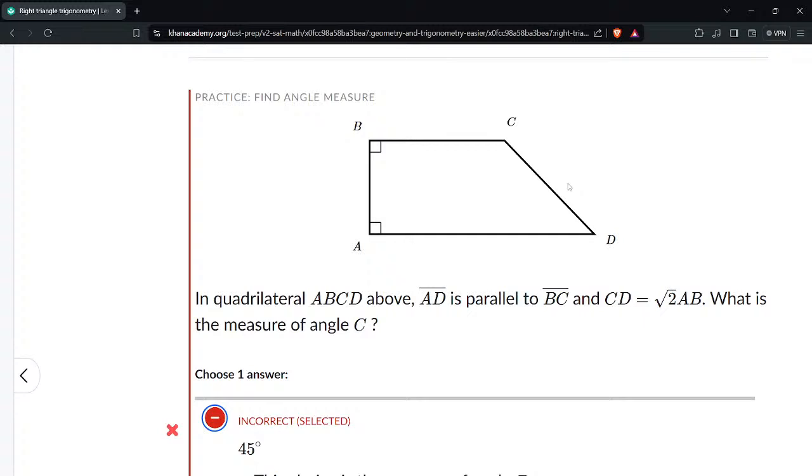So it's a measure of angle C. Yeah, CD is equal to root 2 AB, right? Exactly. I did AB by root 2 AB. This is CD, the hypotenuse. So CD.